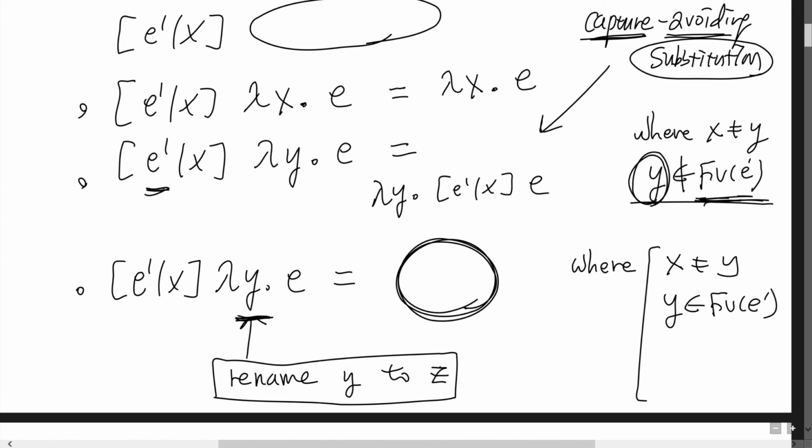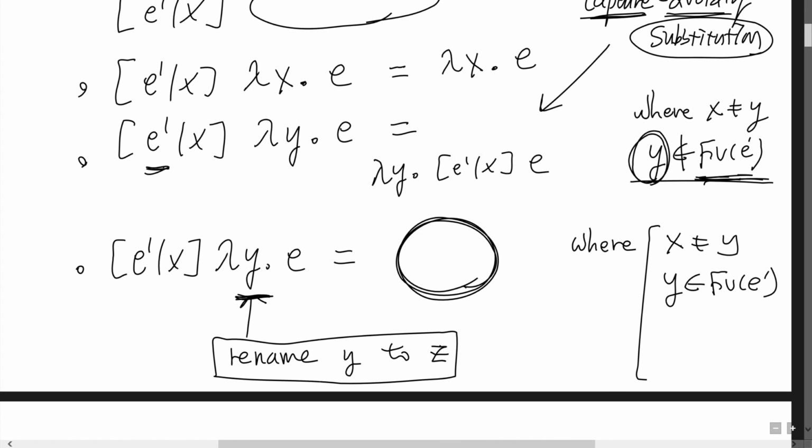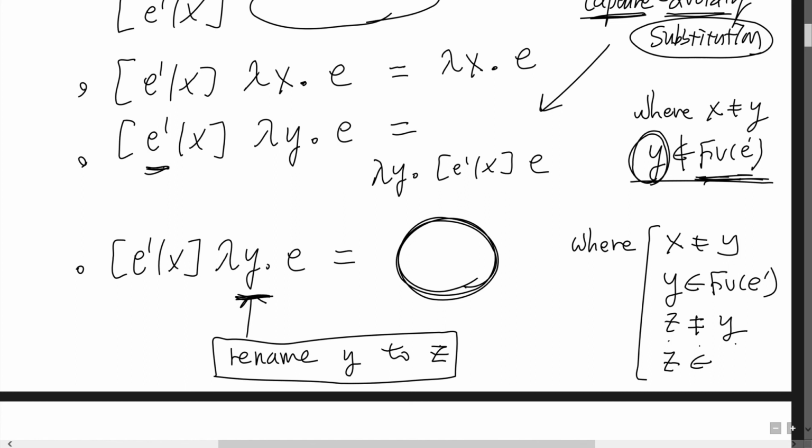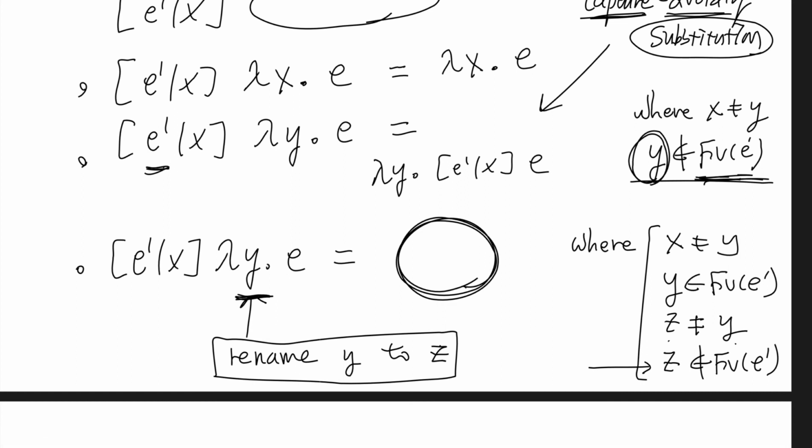Then what are the requirements on this variable z? First of all, we'd like to choose a variable z that is not equal to, of course, y. If z is equal to y, this operation is a no-op. So z should not be equal to y. And second, z should not be in the set of free variables of E prime. If this requirement is not met, then we might see variable capture.